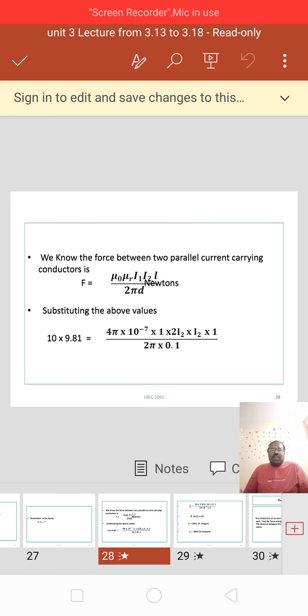Next, we know that the force between two parallel current carrying conductors is F equal to mu naught mu r I1 I2 into L by 2 pi d newtons. Now substituting the above values in this formula, we get 10 into 9.81 equal to 4 pi into 10 power minus 7 into 1 into 2 into I2 into 1 by 2 pi into 0.1.